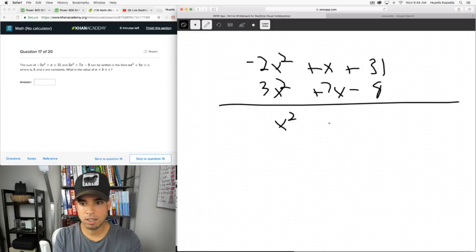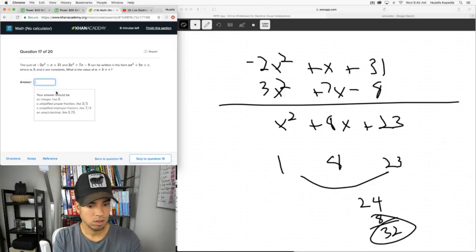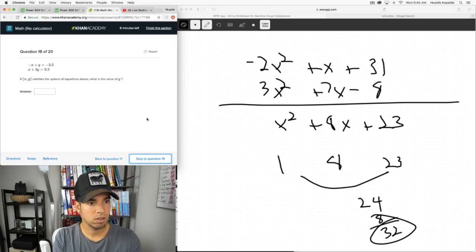So this becomes x squared plus 8x minus 8. So that is 30, and then minus 7 is 23. Okay. So A is 1, B is 8, C is 23. I'm going to add this first, 24 plus 8 is 32. I think that's good.